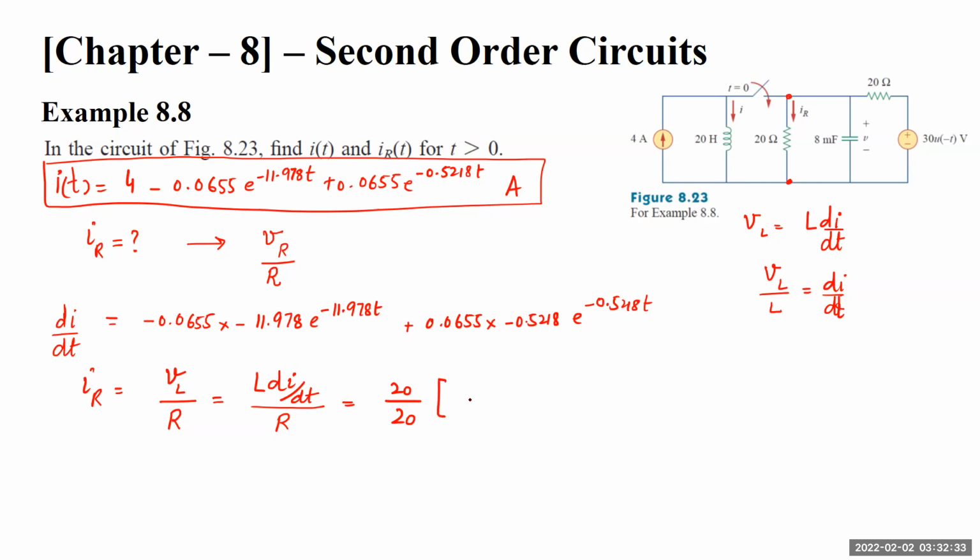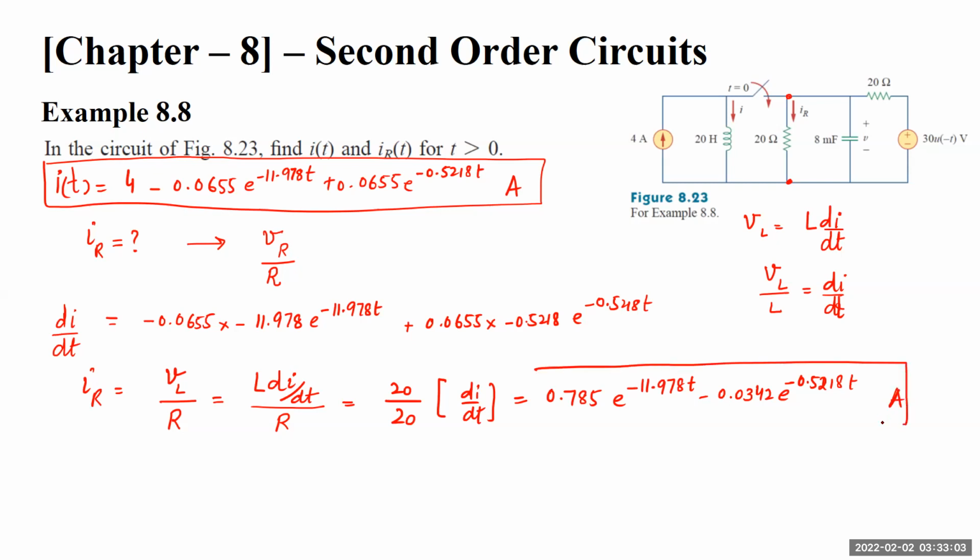So we are left with this di/dt here. Overall, what we get is 0.785 e^(-11.978t) minus 0.0342 e^(-0.5218t). And this is the value of iR, in amperes, flowing through the resistor of 20 ohms, right?